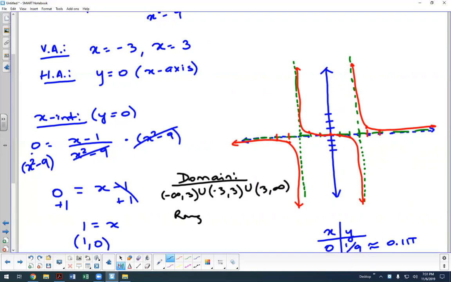What can you say about the range? Negative infinity to 0, not including 0, union 0 to infinity? But the center one includes 0, so it's all real numbers, even though this is a funky looking graph. You are hitting all the points on the y-axis. Even just within this section, we're not skipping any y values. Even though the other two arms may be restricted by the asymptotes, the center part still uses all the y values.